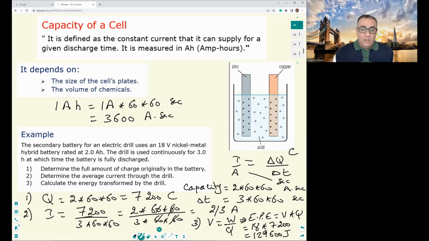Okay. I am not worried now about the significant figures. We can talk about significant figures in later videos, in later sessions. But so far, I just wanted to show you what we mean by the capacity of a cell, and how to solve some questions you may see in your paper regarding the capacity of a cell.